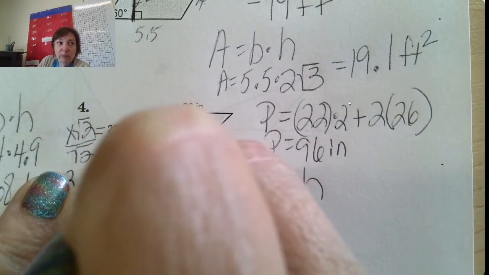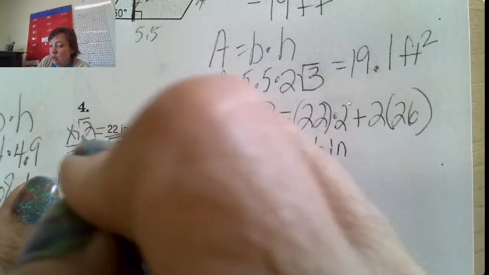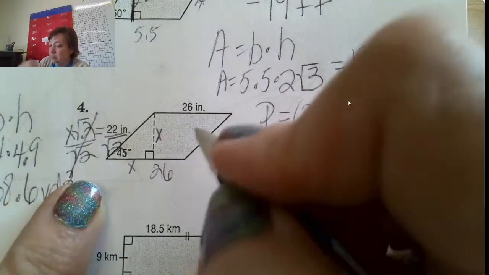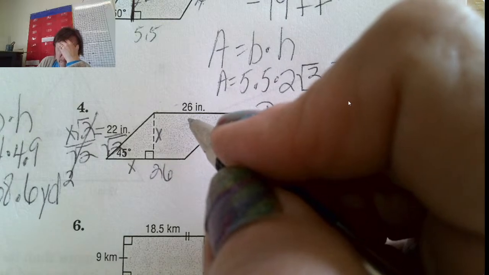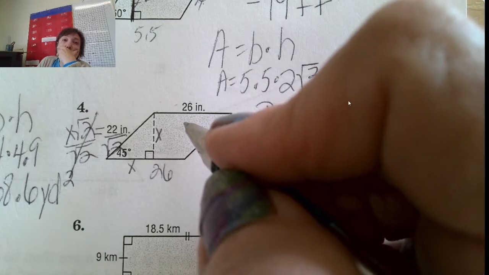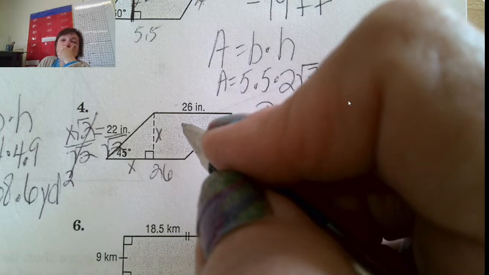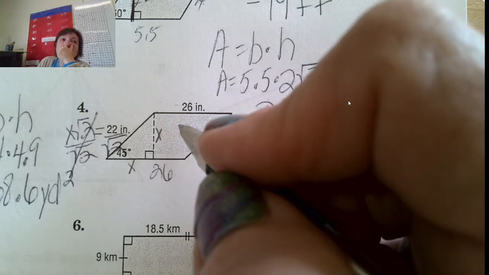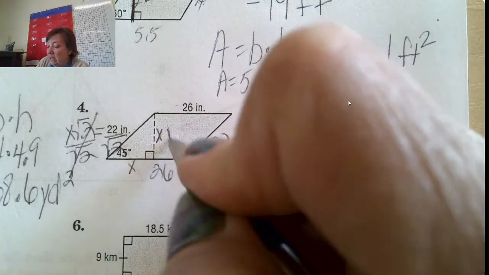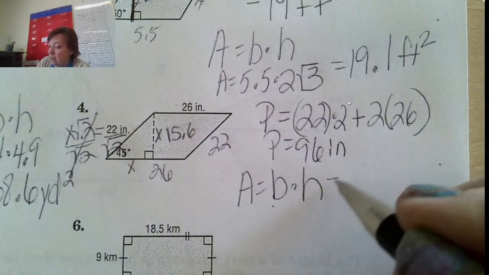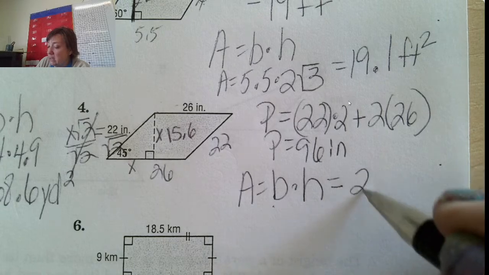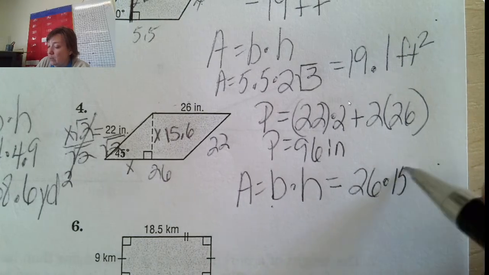Divide by the square root of 2. So what is 22 divided by the square root of 2? 15.6. So our area is going to be 26 times 15.6.